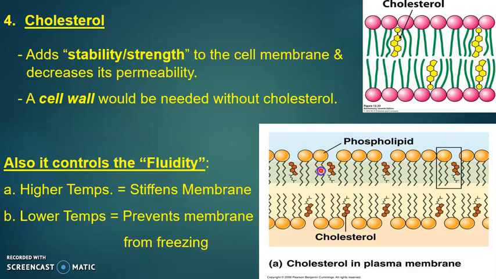Now, if it got cold enough, obviously they could freeze, but they can still resist temperatures below the standard freezing point, 32 degrees Fahrenheit, and your membranes won't freeze. That's why your skin doesn't shatter when you go outside if it's below 32, because the fats and the membranes making up your skin, your epidermis, aren't freezing because cholesterol is prohibiting them from doing so.